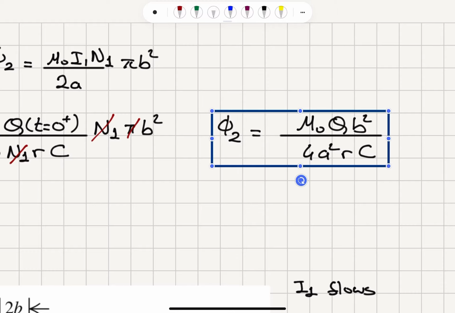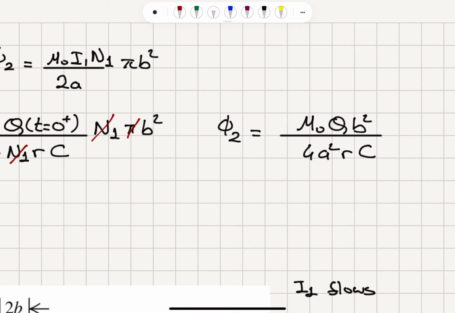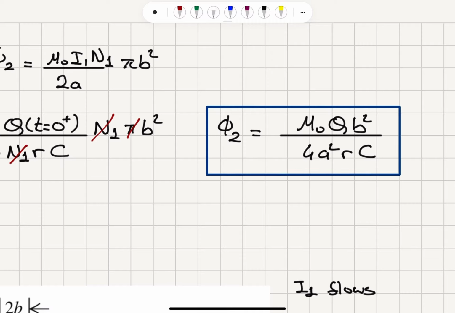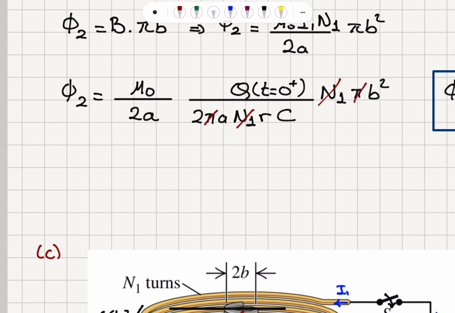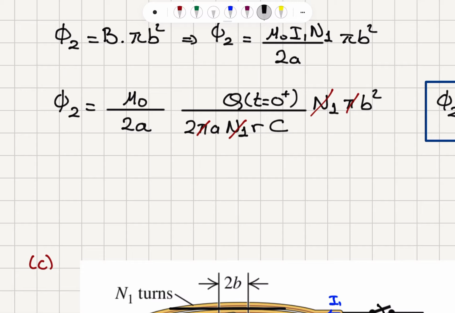Now if I plug in these numbers, I can find the flux. Phi 2 is equal to mu 0, which is 4 pi times 10 to the minus 7 henry per meter.